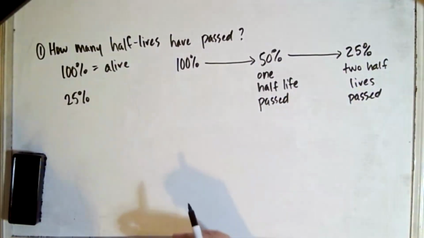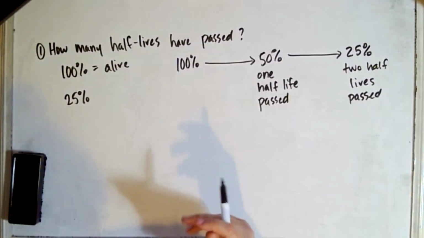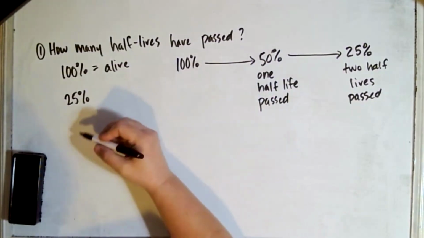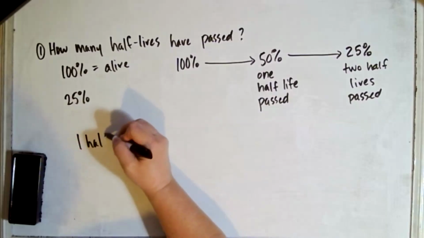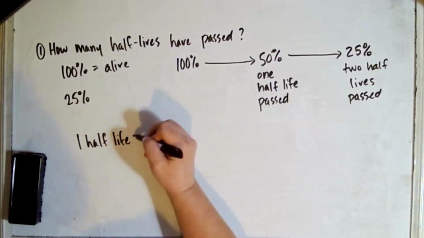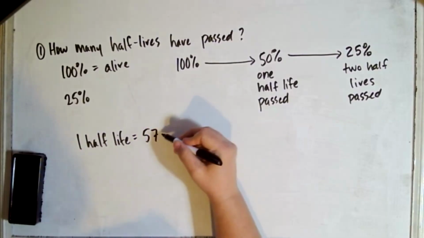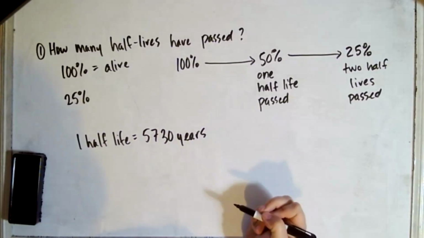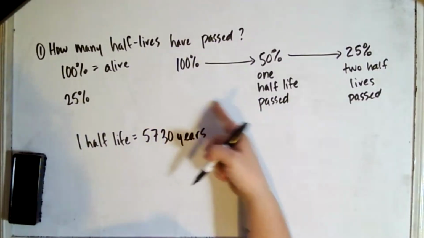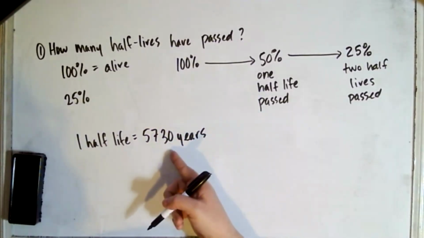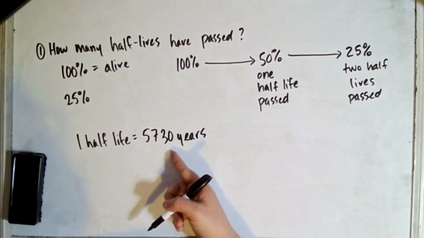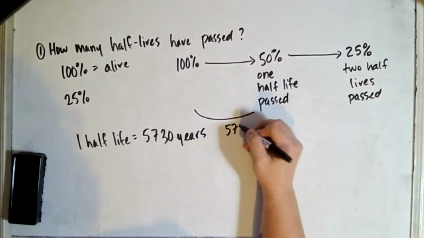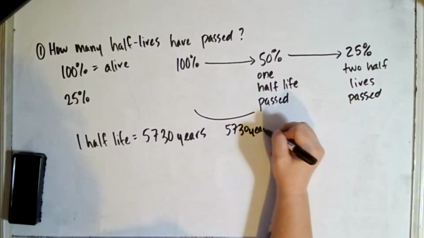The other information that they give us in this question is the half-life value of carbon-14. They tell us that every one half-life is 5,730 years. Okay. So we know that each time a half-life passes, this is how many years goes by. For this first half-life to pass, this was 5,730 years.